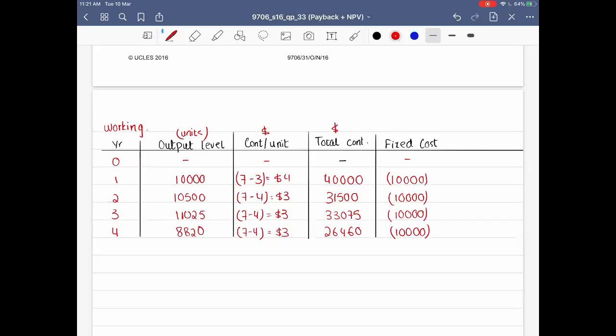So now we can calculate net cash flow. Fixed cost is 11,000 each year. It's not 10,000, it's 11,000 each year. So now we can calculate net flows.